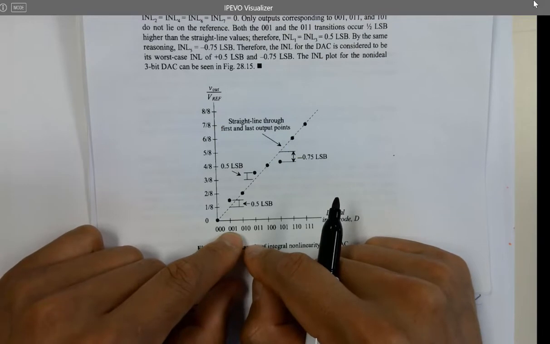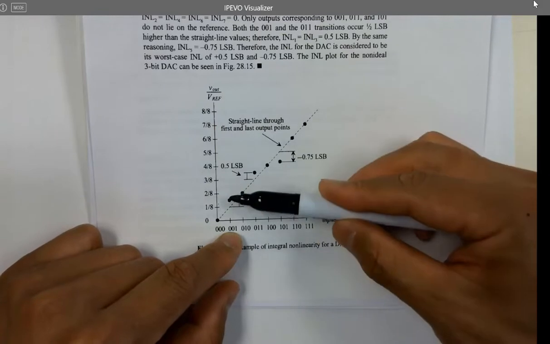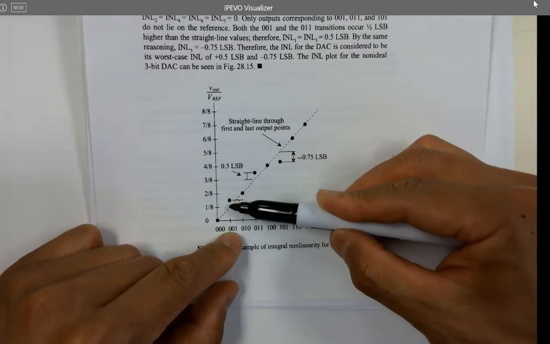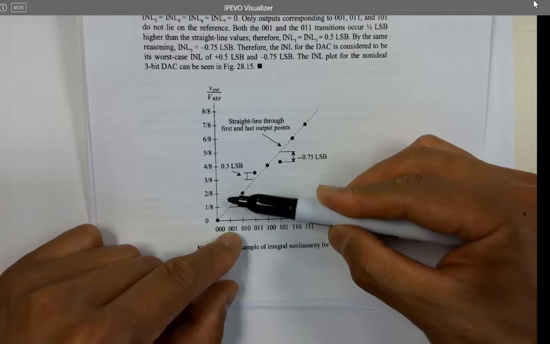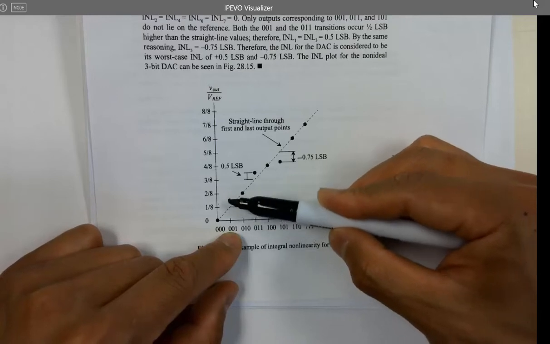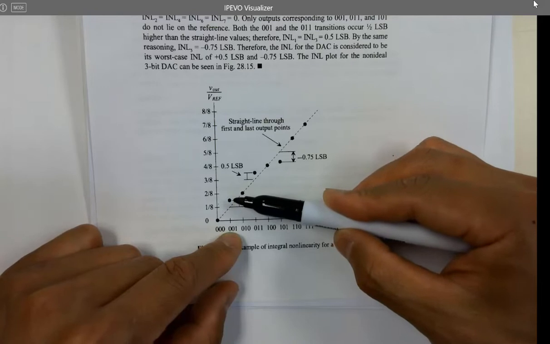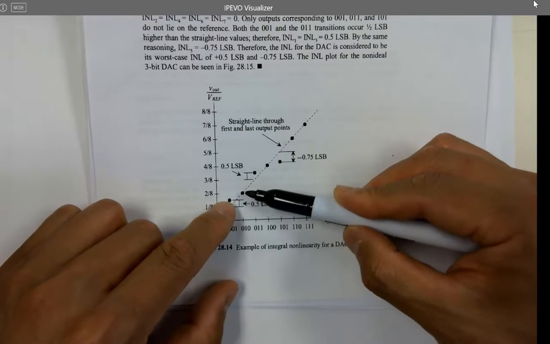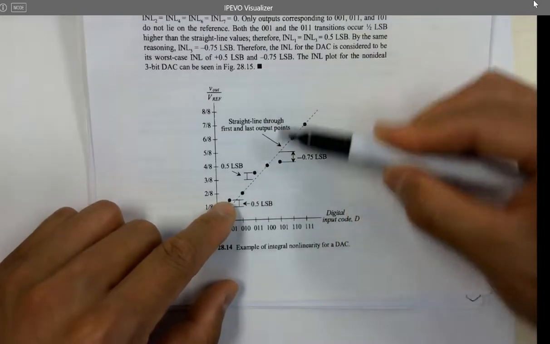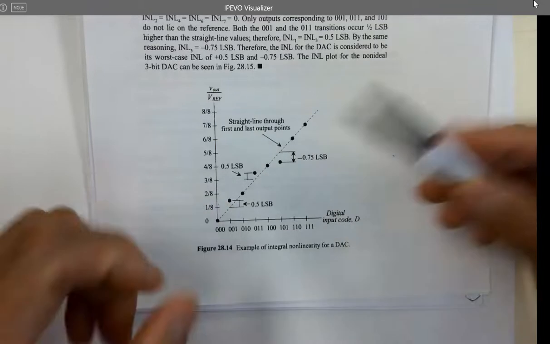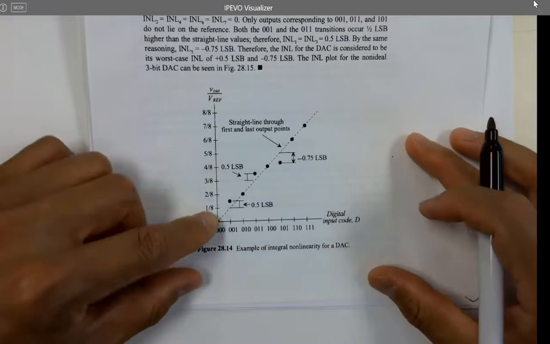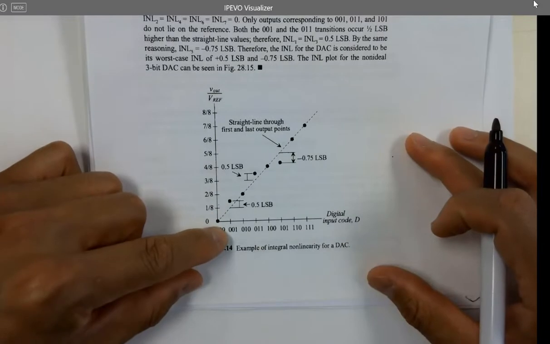We're subtracting y values, right? This point is the actual value minus the ideal value, which is the dashed curve. You are trying to find the difference between these two. That's INL. It's called integral nonlinearity because if this one is higher, then you get more errors, and it's going to accumulate later on. You're not looking at the relative increments, but also the final result. So what's INL 1?